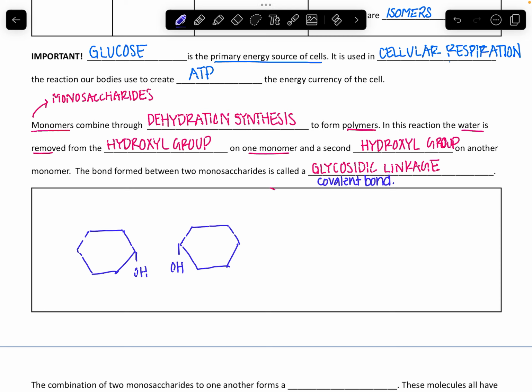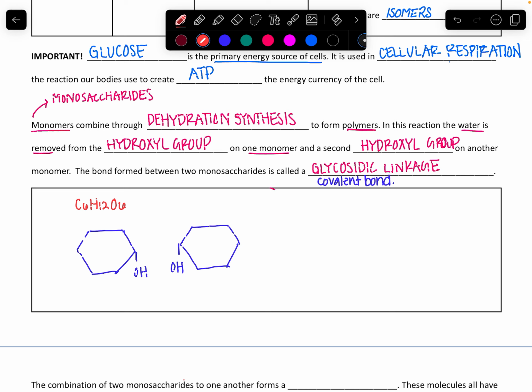Okay, so remember, these each have the formula of C6H12O6, okay? And when we try to put these together, we have to remove our functional groups, okay? So we're going to remove an OH from here, and we're going to remove just the H from here, okay?